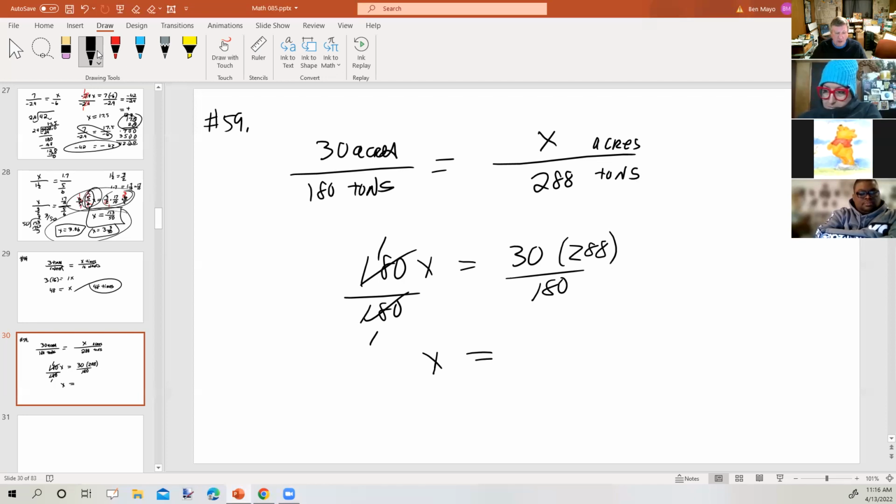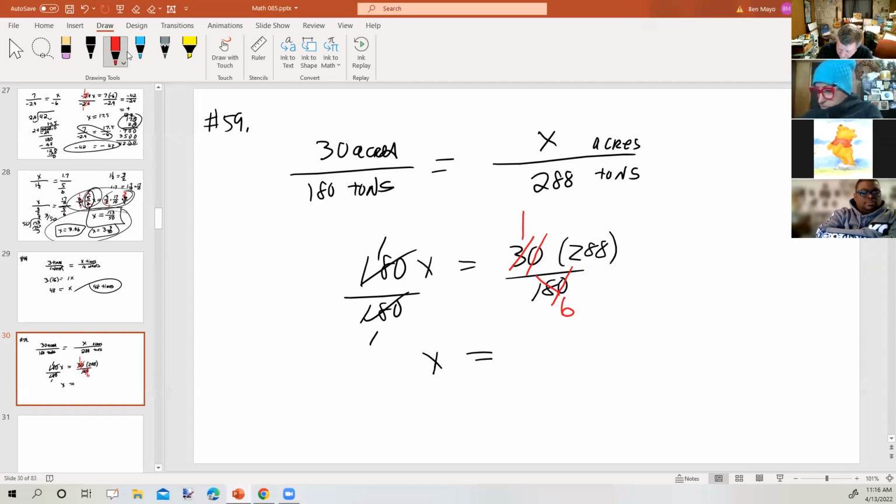Now, again, I could have gone ahead and taken 30 times 288 before I divided both sides, but I like to leave it till the next step in case I can pre-reduce some things. Can't always, but in this case I can. Notice this. I could divide the top and the bottom both by a 10. I could divide the top and the bottom both by a 3. That would be a 1, and this would be a 6.